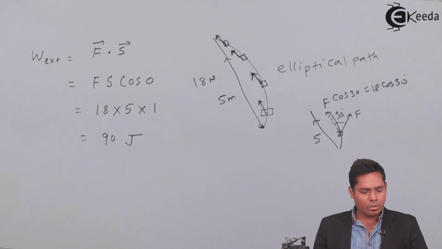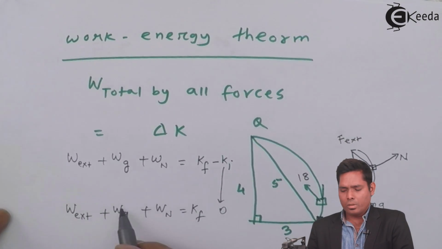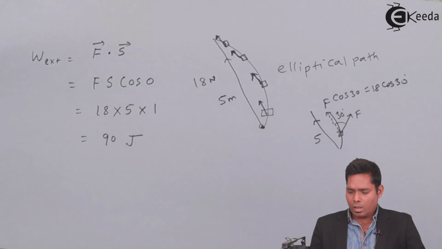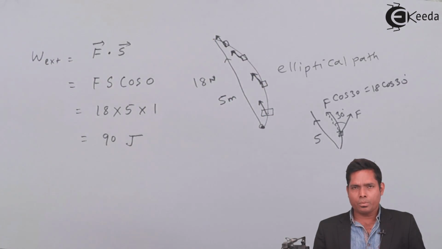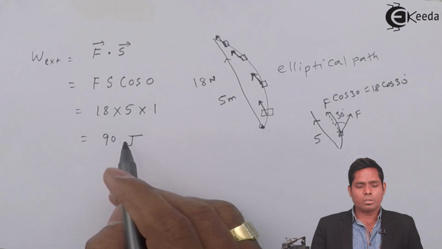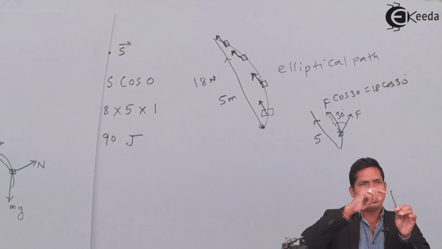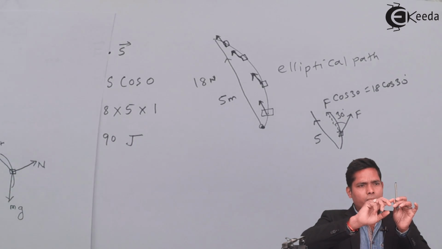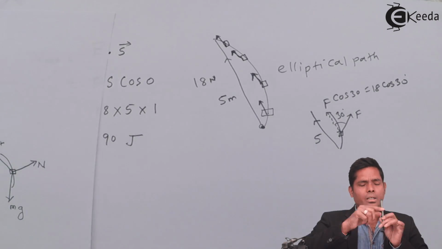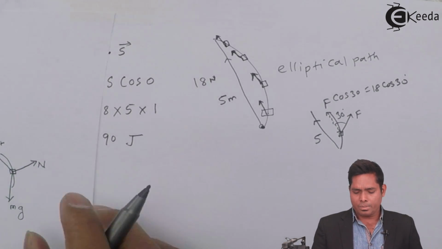Next, the way to find the work done by the gravitational force. As the body is moving in the vertical plane from this point to that, you have to find the height responsible, because in a gravitational field, whatever the path is, we have to see the vertical displacement of the block. What is the vertical displacement?